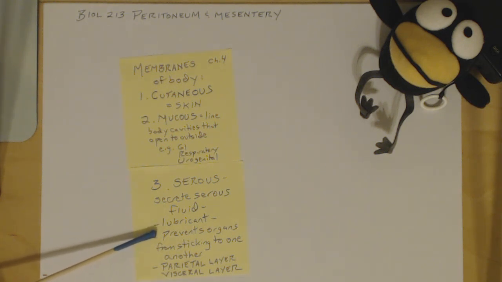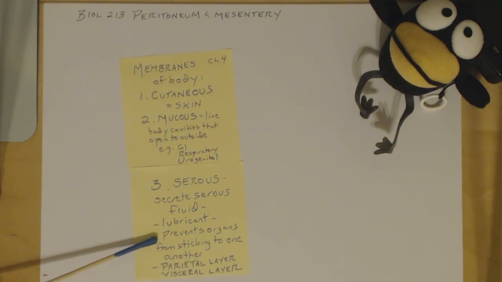It basically prevents organs in your body from sticking to one another. You might think, what's the big deal if one organ sticks to the other? But in fact, because some of your organs are very, very soft and fragile, any sort of stickiness between the two of them could end up tearing part of the organ apart, which of course wouldn't be good for your long-term survival.